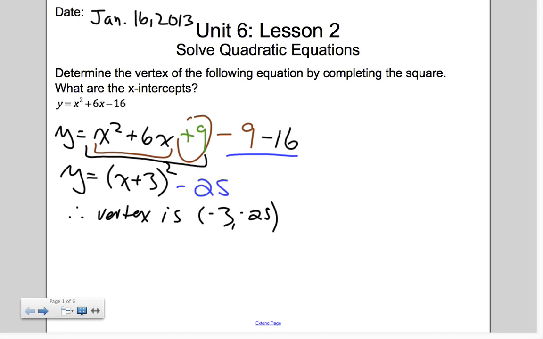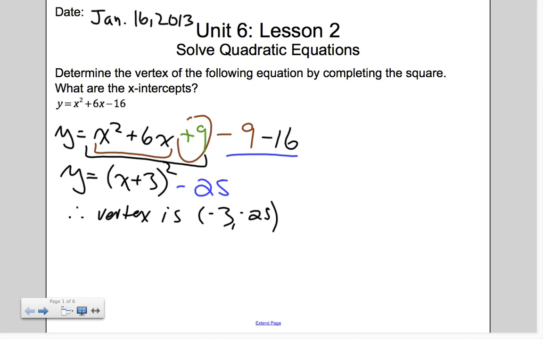So the other question is the x-intercepts. In the previous lessons, going back to the first lesson, which was self-review, how would we actually get the x-intercepts? What does it mean when we say x-intercepts? Alex? When the x value makes a y value 0. Yeah.